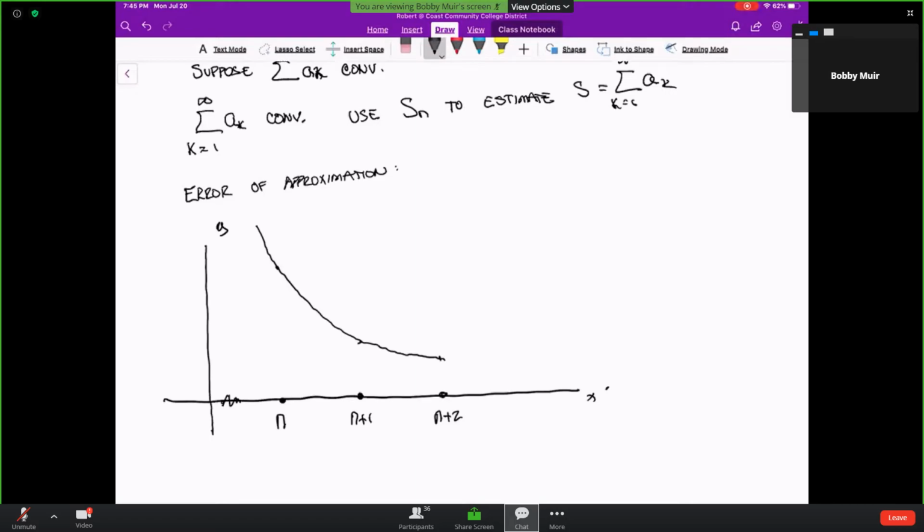So if S is equal to the sum k equaling 1 to infinity of a_k, then this is going to equal S_n plus the sum k equaling n plus 1 to infinity of the a_k. Obviously here, the error is going to be this leftover piece.